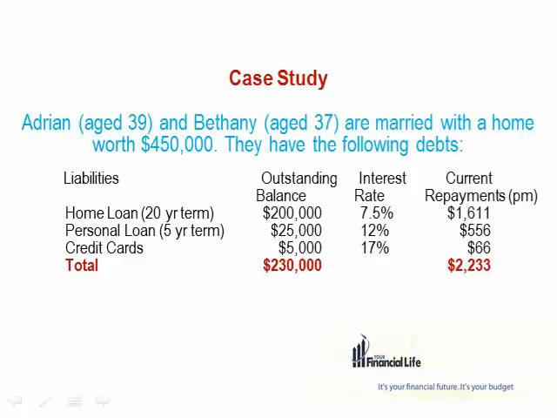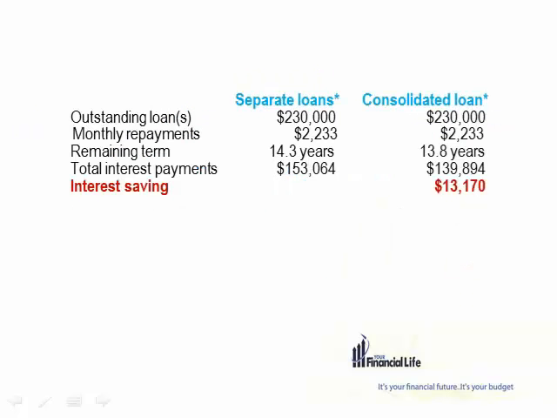We've consolidated the separate loans of $230,000 into one loan. We're assuming in both options that the repayments of $2,233 per month continue to be made for the life of the home loan. With the separate loans, once the personal loan is repaid, these payments are redirected to the home loan. The key to this strategy is to use the cash flow saving to pay off extra capital each month.